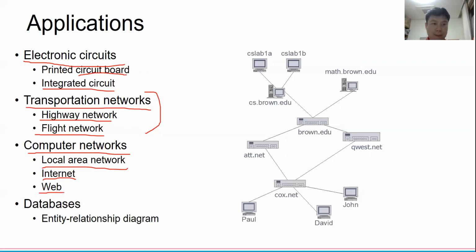The Internet and the web, those kinds of networks can also be drawn with a graph. And for databases, if you learned databases before, you can see the entity relationship diagram. That's one concept in databases, and you can use a graph to show the relationship between entities.